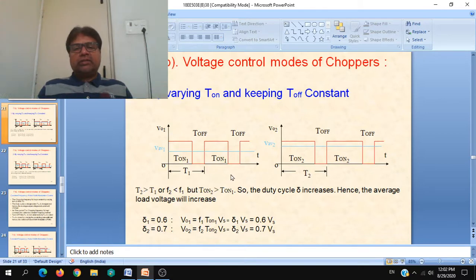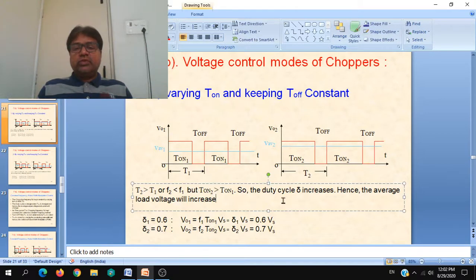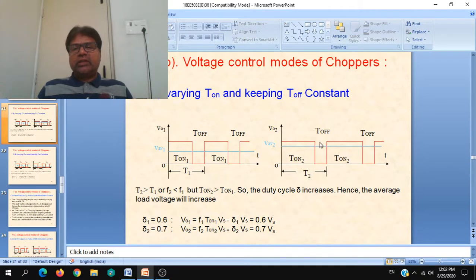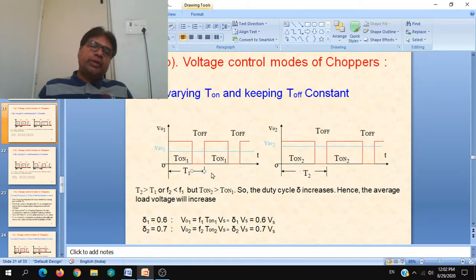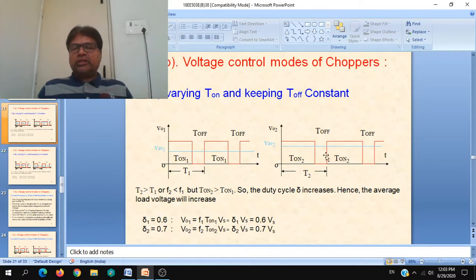So as duty cycle delta is more for higher time periods, average voltage will be more. This corresponds to high frequency, and this corresponds to less time period. Sorry, this corresponds to high time period, less frequency, and more average voltage.